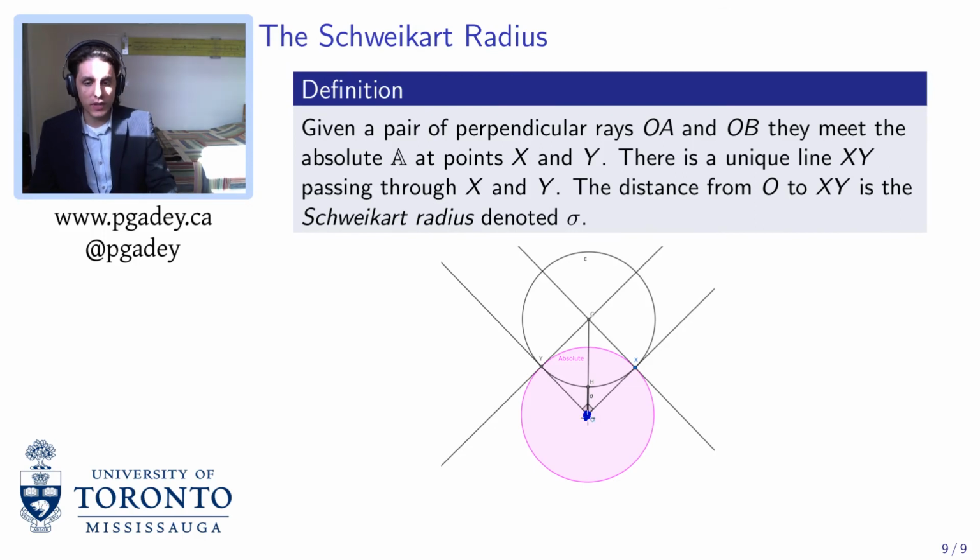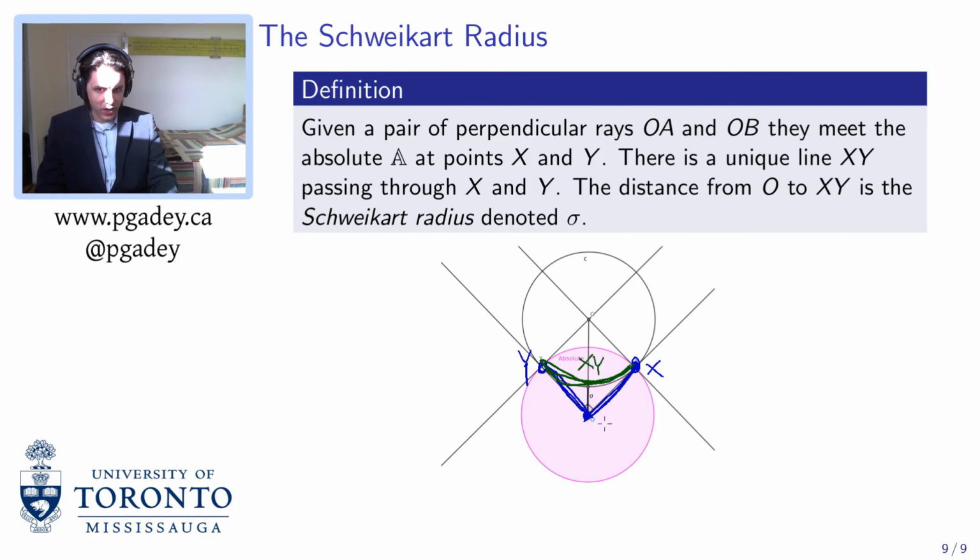So what do we do here? We start at the origin, we make a ray OX, we make a ray OY. Now, those are going to meet the absolute at points x and y. Now, we can form a unique hyperbolic line passing through both of those points.